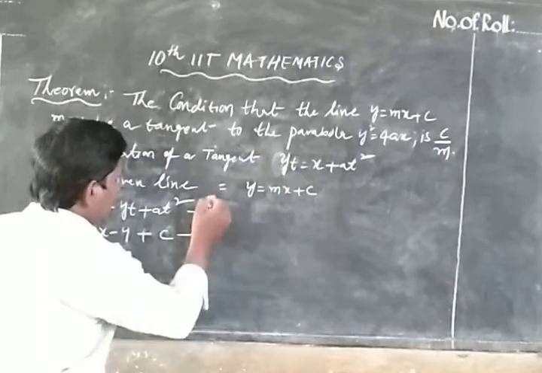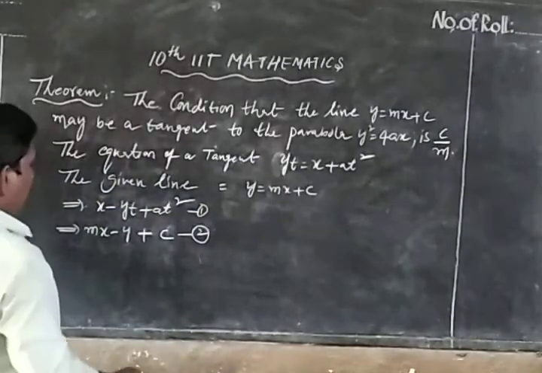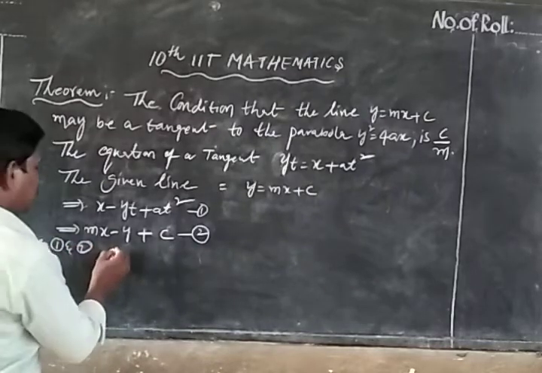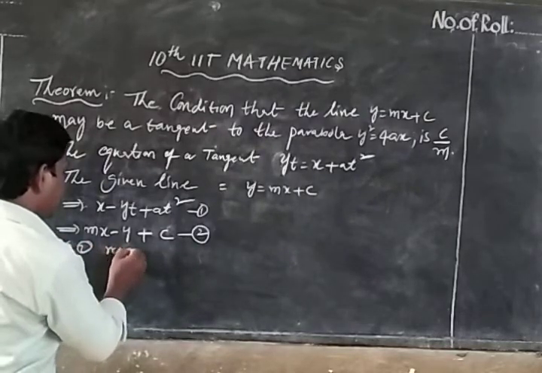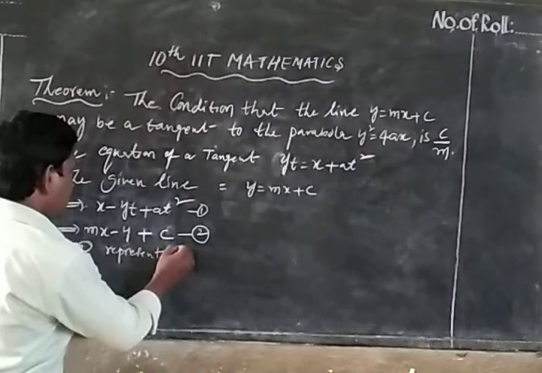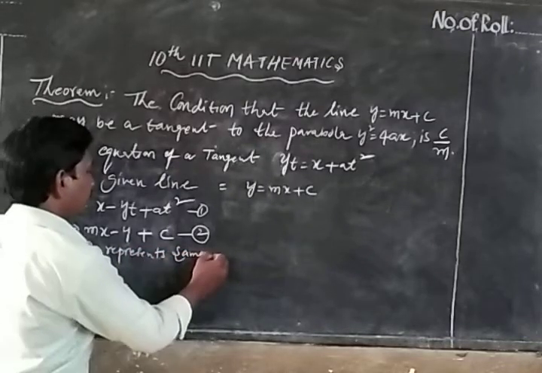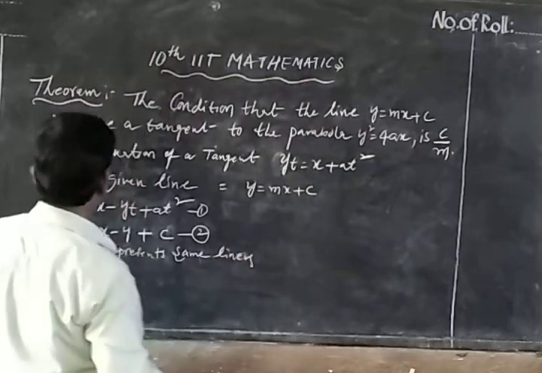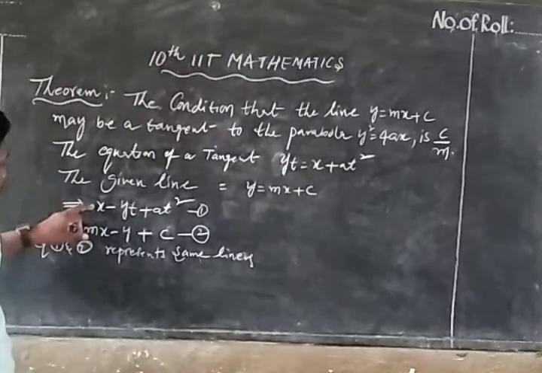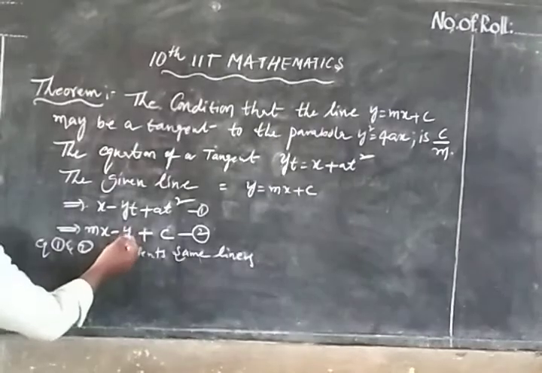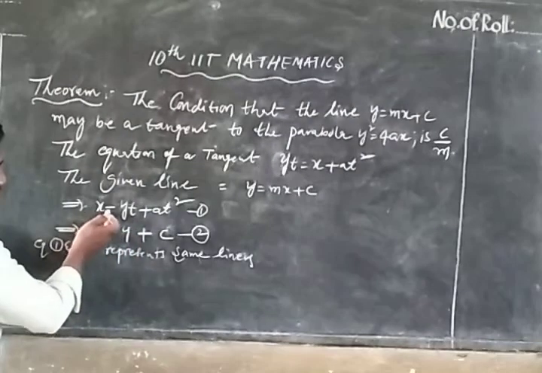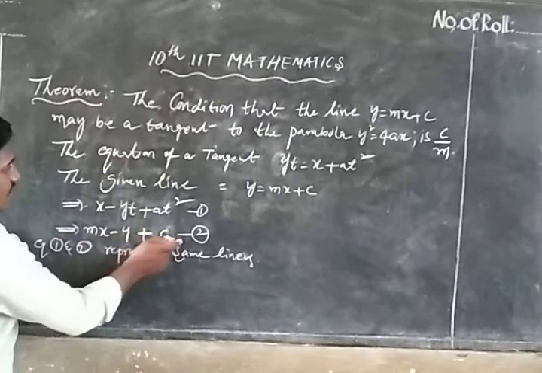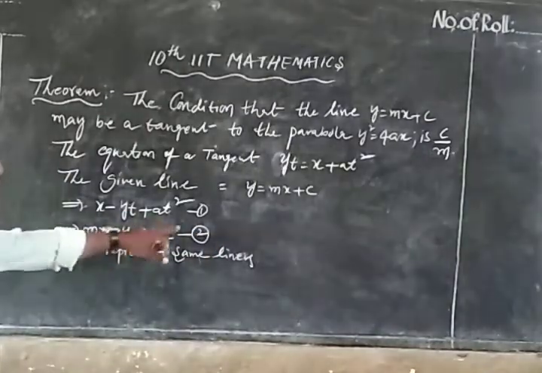And this is mx minus y plus c equal to 0, equation 2. Now, equation 1 and 2 represent the same line. So x minus yt plus at square equals mx minus y plus c.